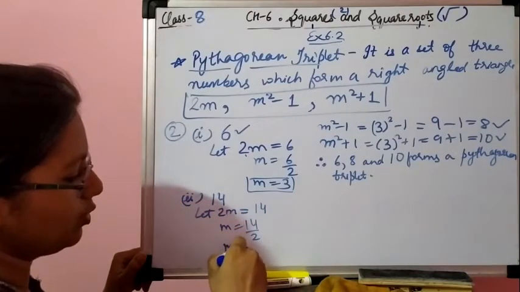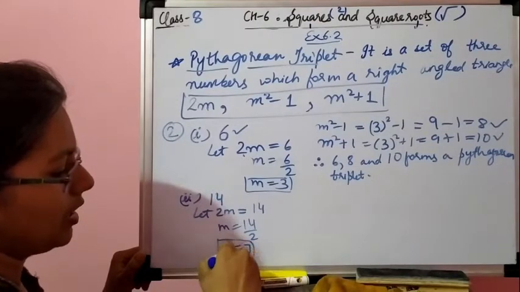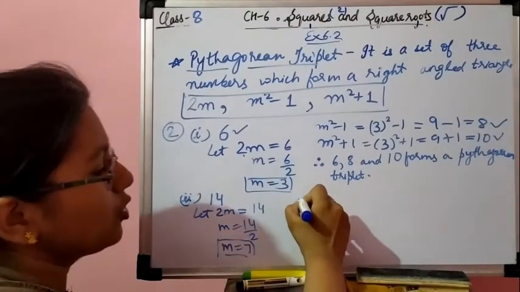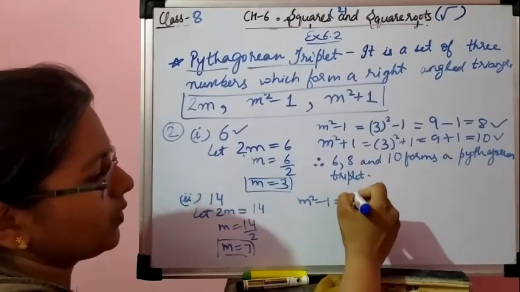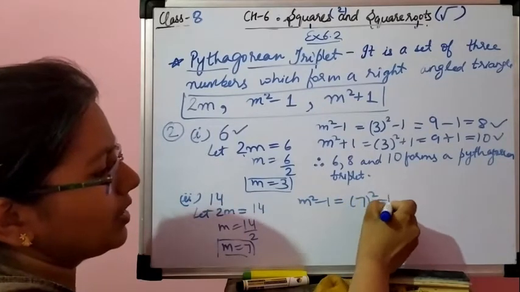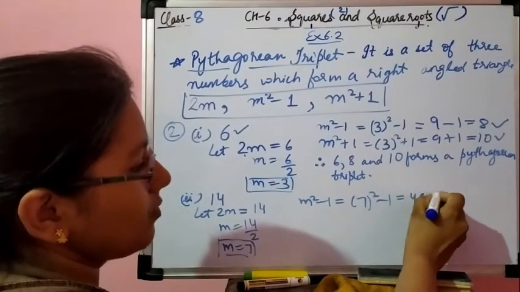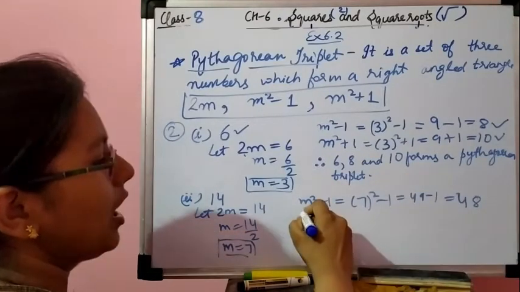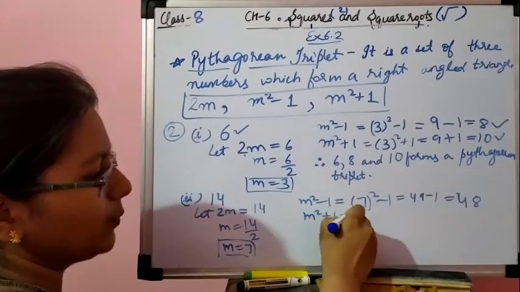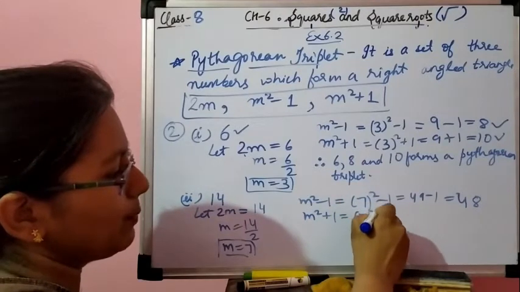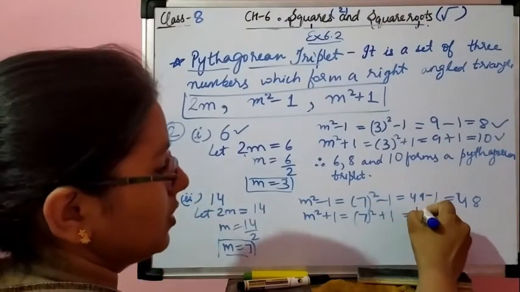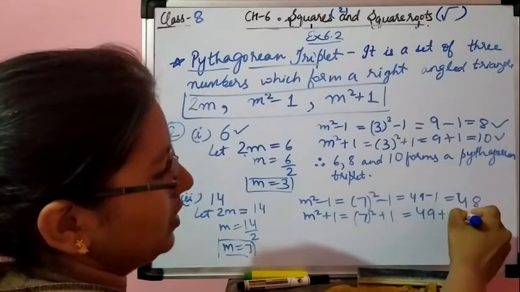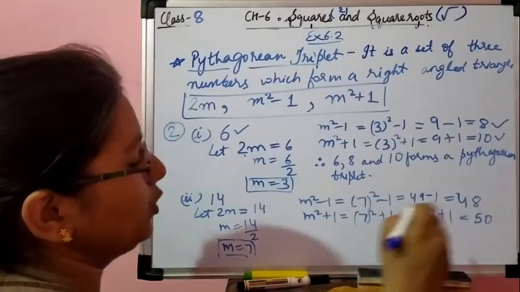So m is equal to 7. Now m is 7. So m square minus 1, that is 7 square minus 1, which is equal to 48. Another one is m square plus 1. So 7 square plus 1 means 49 plus 1, which is equal to 50.